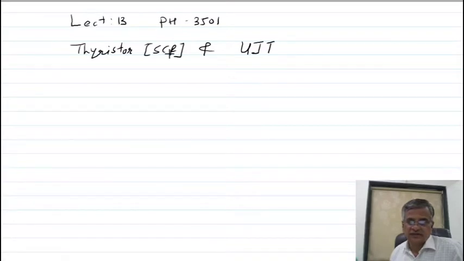Again listen, the solid state device which has more than 2, 3, 4 PN junctions is known as a thyristor. Or you can also say, the solid state device has 3, 4, 5 semiconductor layers.